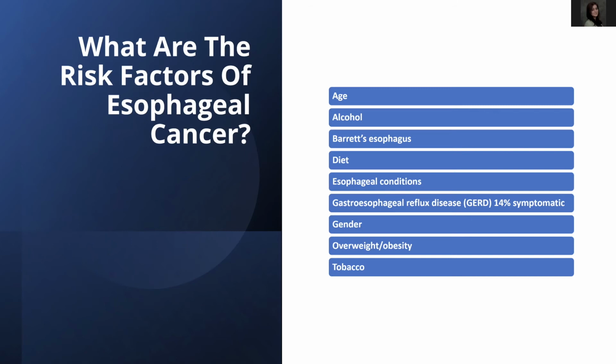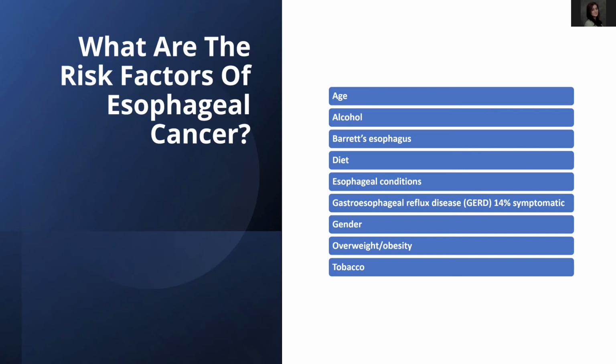Gender, much more common in men. Obesity, in part because of that increased pressure in the abdominal cavity, which sort of forces the lower esophageal sphincter open, will increase your risk of esophageal cancer. And then tobacco exposure, which I think is pretty much linked to almost every cancer, is no different. It increases your risk of esophageal cancer as well.